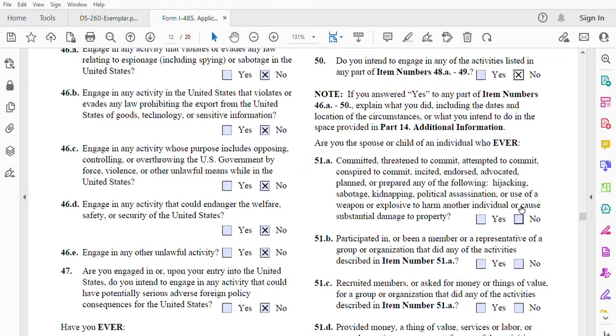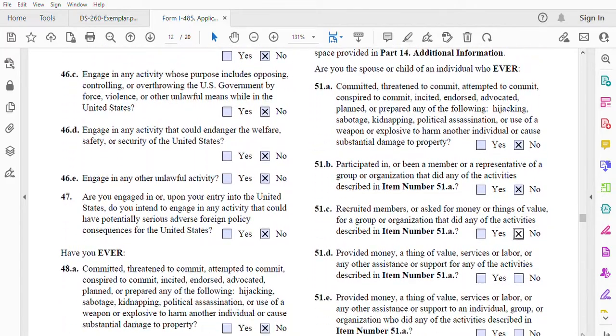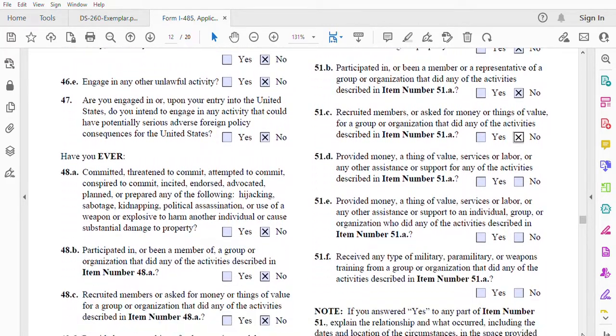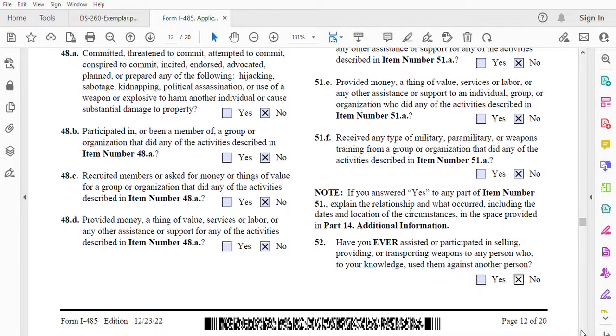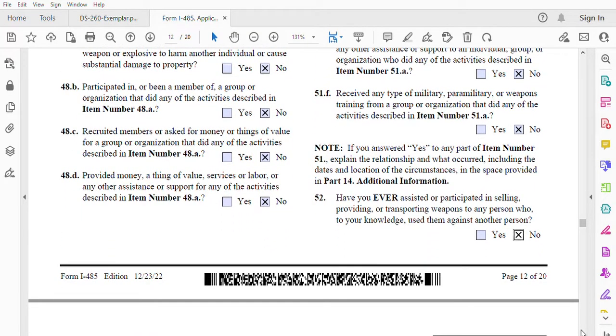Yes or no? This question is just yes or no. 51D. Provide money or anything of value, service, or labor, or any other assistance or support for any of the activities described in item 51A. No, no, no, no. Please read them carefully. Do not just check them like this. Please read them and see if they apply for you or not.